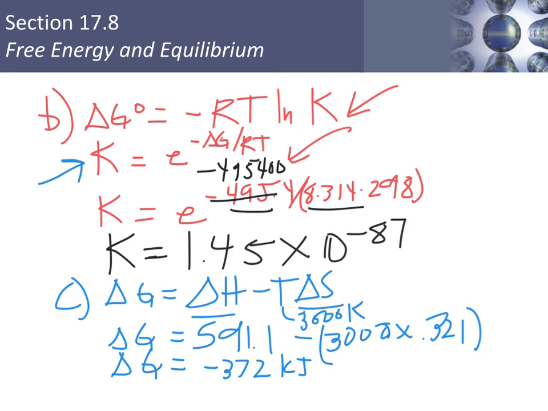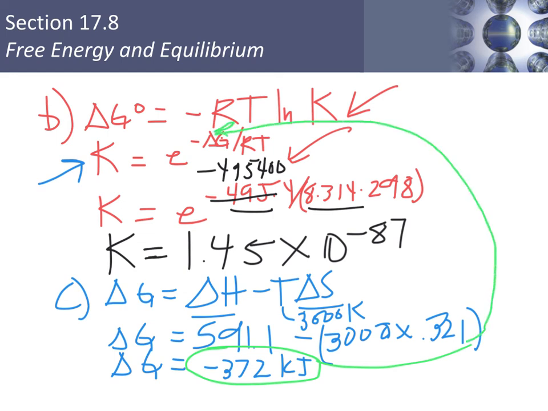So now we'll take this new delta G and bring it up to this equation here. Put that in for delta G. Remember, you want that to be in joules to match the joules on the R value. So that would be negative 372,000 joules.